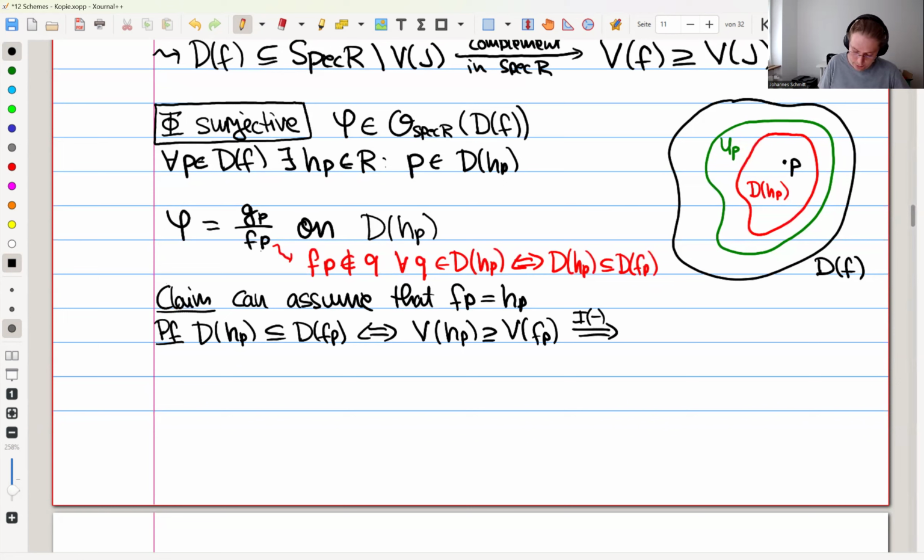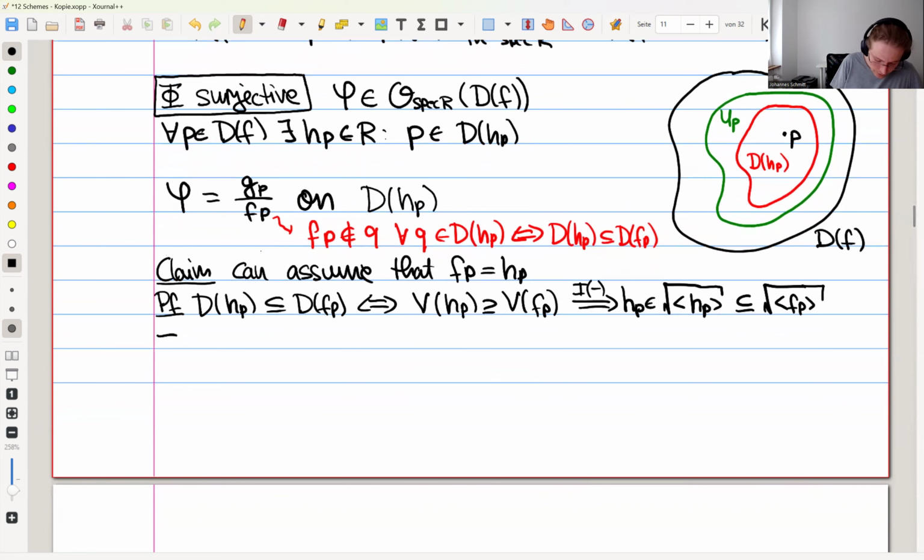And then we get that by Nullstellensatz, this thing here is contained in this thing here. And at that point, we always observe that HP is, of course, contained in its own radical. And so spelling this out, we have HP to some power R is some multiple of FP. So it's contained in the ideal.